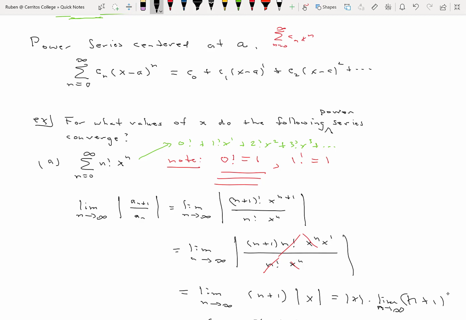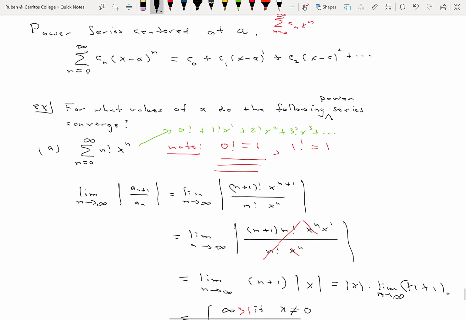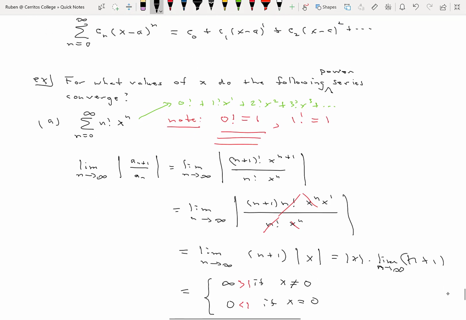So if x equals 0, we have convergence because the ratio test says that since 0 is less than 1, we have convergence. If x is not 0, we get infinity, which is more than 1. We get divergence. I've sort of summarized that in the next line. If I choose x to not equal 0, I'm going to get an infinite limit, and infinity is more than 1, so I get divergence of the series.